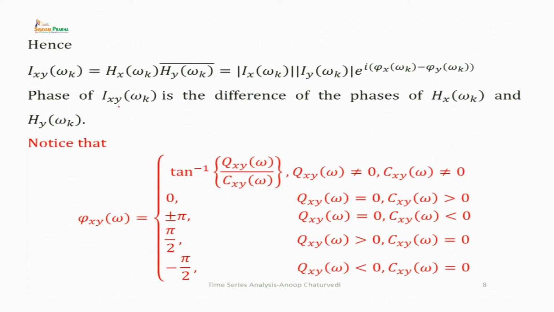So, the phase of I_xy(ω_k) is the difference of the phases of h_x(ω_k) and h_y(ω_k). You observe from here, this difference gives you the phase of I_xy(ω_k), the co-periodogram of x, y.